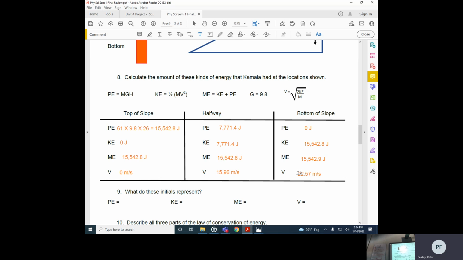Then you divide. That line means divide. Divide by M. You either have to look back to see what her mass was, or you have to remember. 61. After you've done all that, you use the square root button.